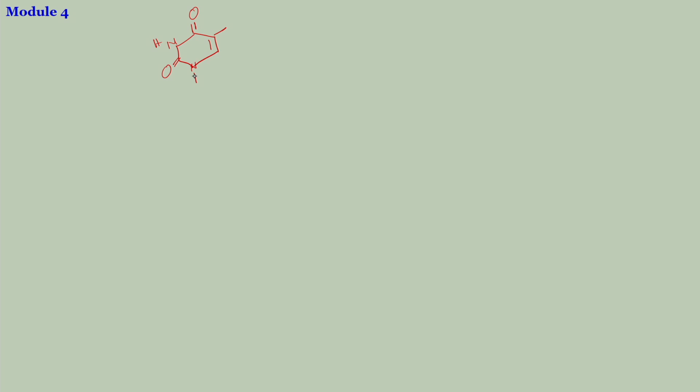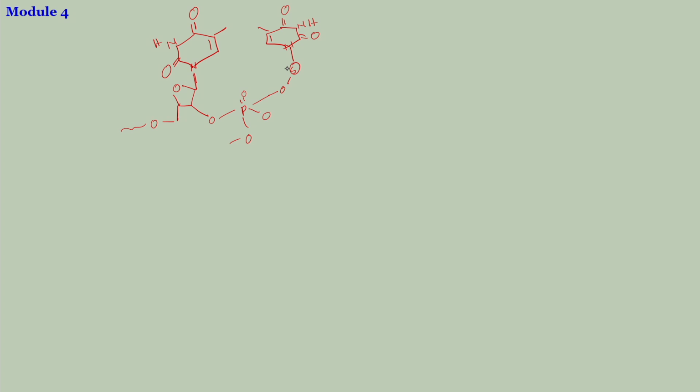So, if this is your thymine, this is the sugar, that is how it goes, and here you will have O minus, another thymine, in sugar O and the phosphate.